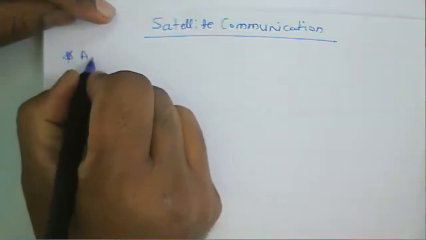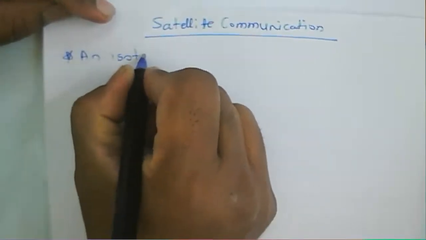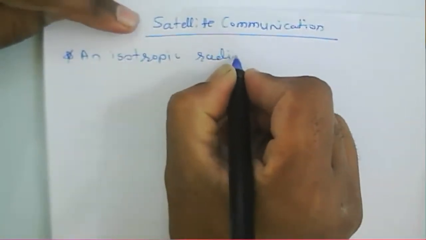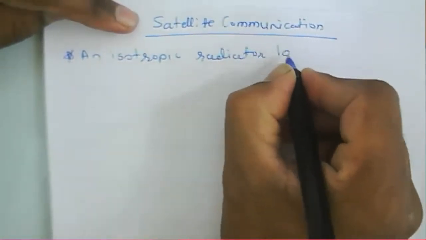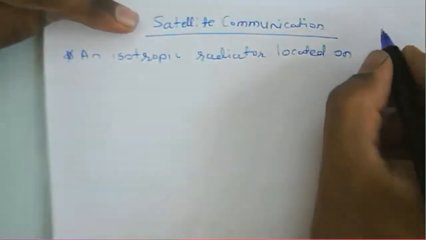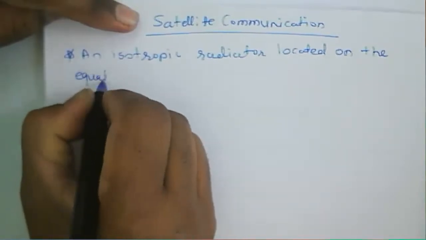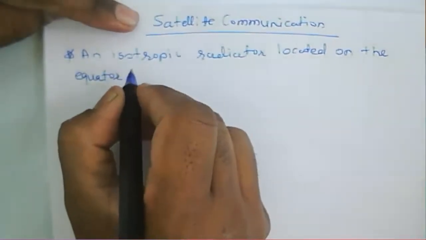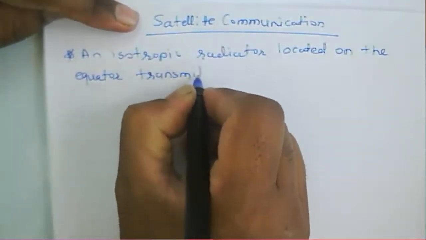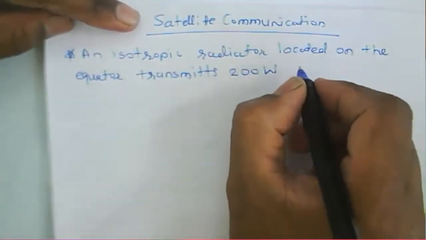Now you write down the statement here. An isotropic radiator located on the equator transmits 200 watt power.